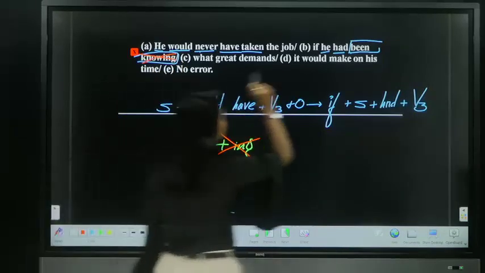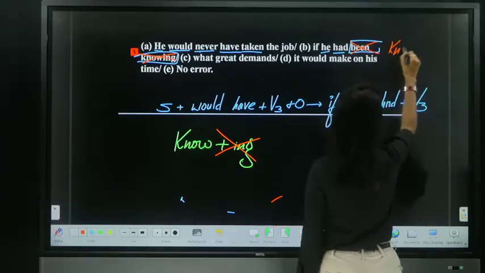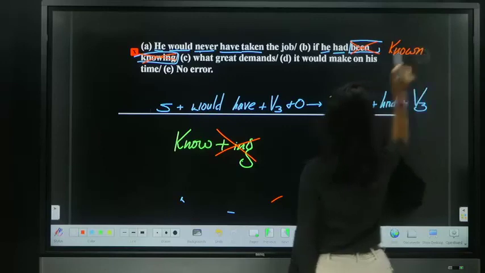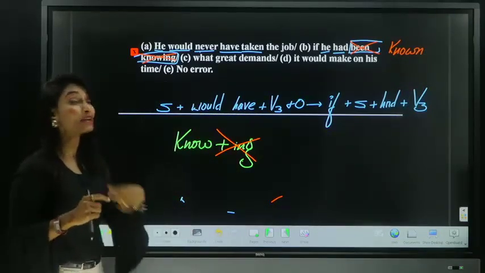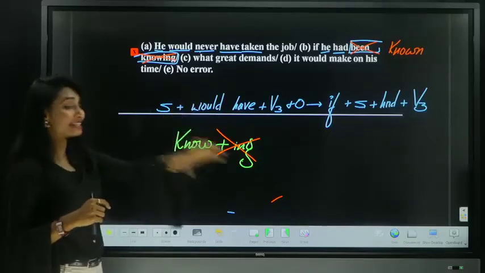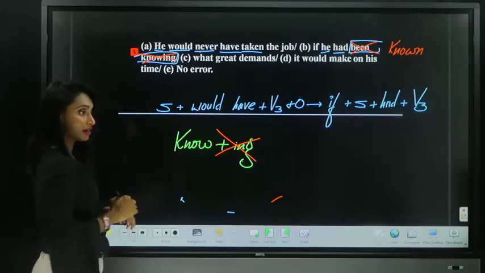So replace this been knowing with V3, that is known. So he would never have taken the job if he had known what great demands it would make on his time. So that is the correct one.